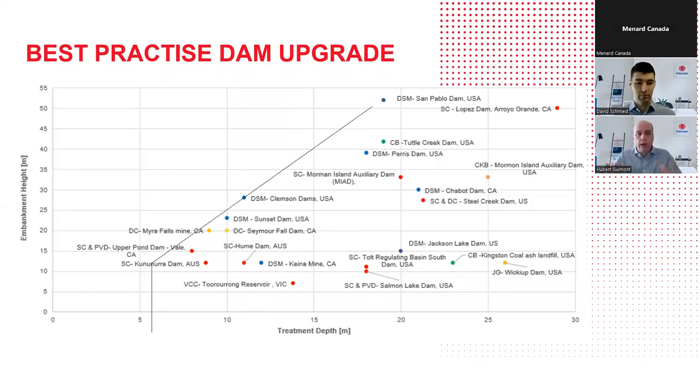Worldwide, here's a little graph showing the embankment height versus treatment depth for different types of structures. It's mostly water retention dams and tailings dams that are plotted here. On that graph, what we can see is that most of the lower height embankments are typically best treated using stone columns.